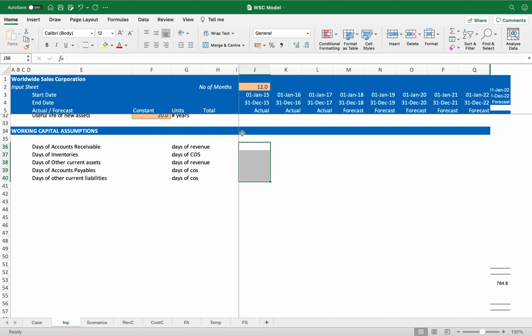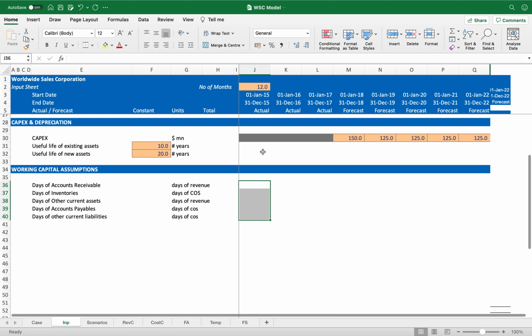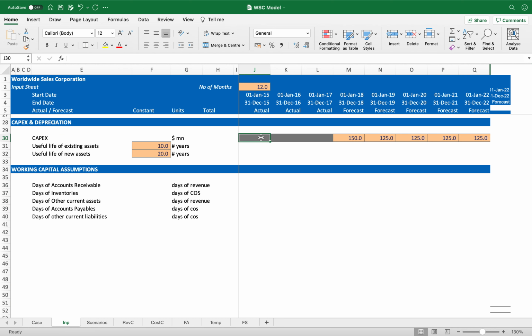That is, I would be needing the balances of the previous years as well. But I don't have any number for 2014. So I cannot compute for 2015. So what I will be doing is I will start this from 2016 onwards, right? And what will be the formula?